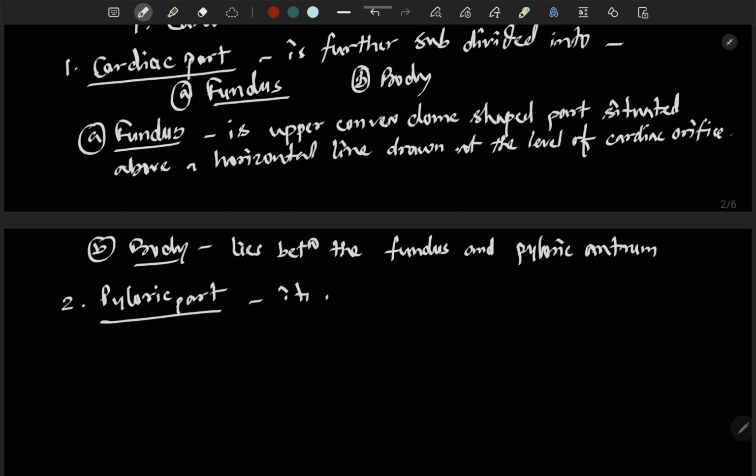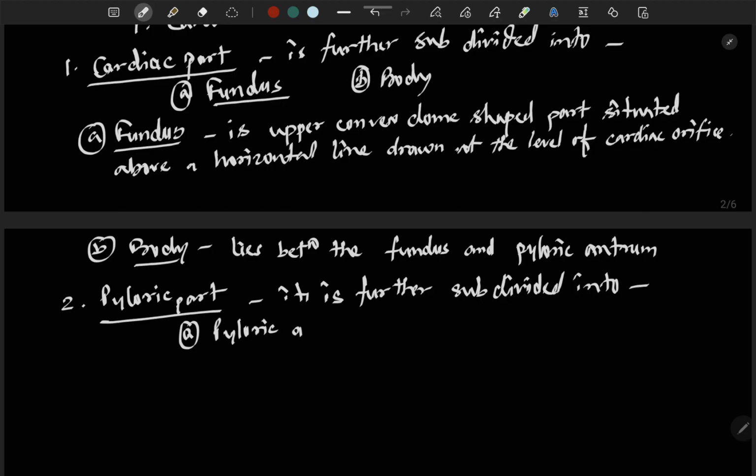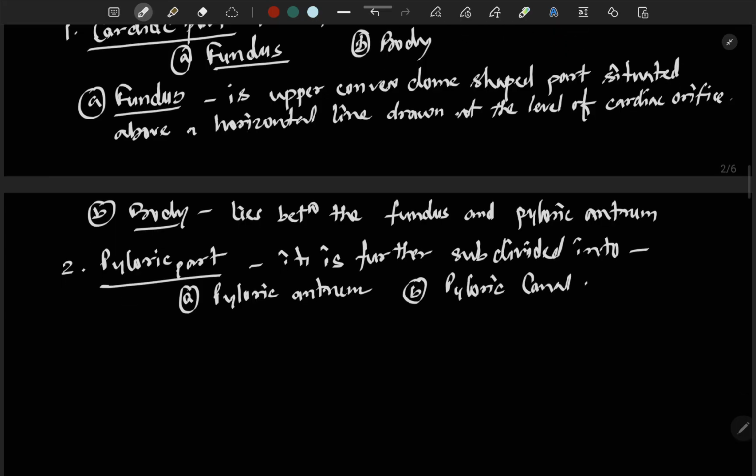It is further subdivided into number A, pyloric antrum, B, pyloric canal.